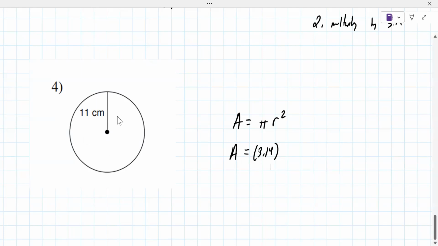What is the radius in this circle? 11. 11, yes. So just to be clear, the way you calculate this is you square the 11 first. So 11 times 11, or 11 squared. Then you multiply by 3.14.